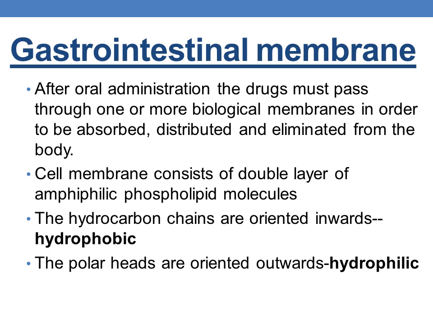Our cell membrane consists of a double layer of amphiphilic phospholipid molecules. The hydrocarbon chains are oriented inwards, they are hydrophobic, and the polar heads are oriented outwards and they are hydrophilic.